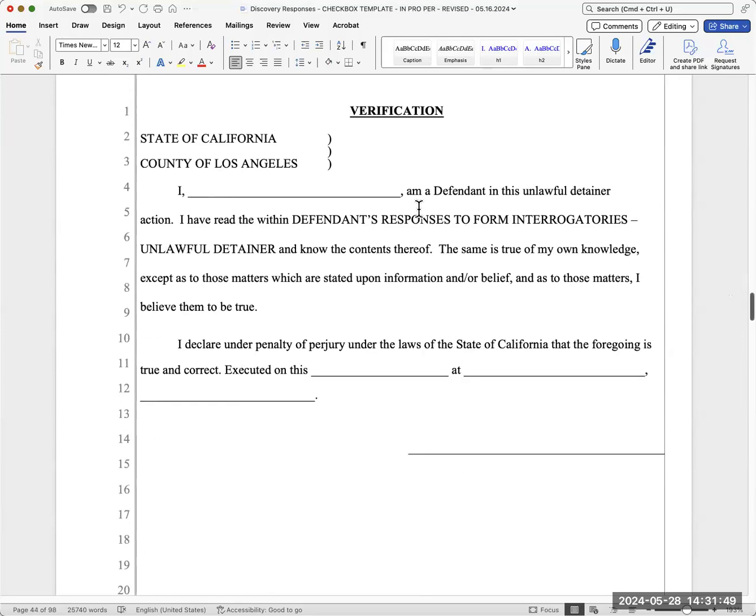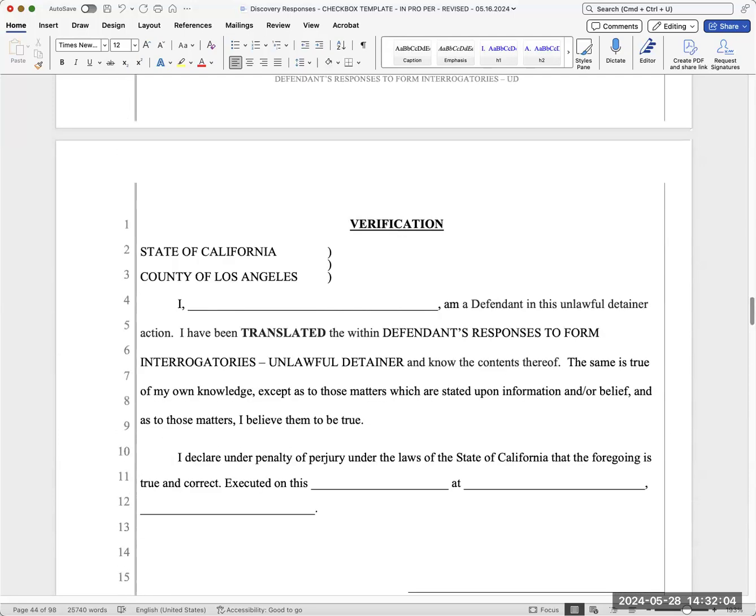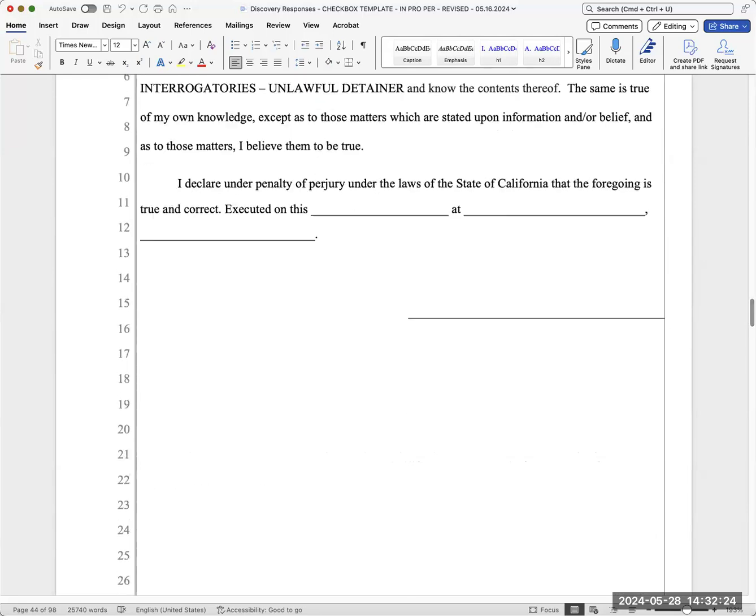Next is the verification page, where you put in the name of the person who's responding, the date, the location, and then the signature. And you want to make sure that if someone speaks only a language other than English, they use this verification saying that they are verifying that the information requested and the responses were translated to their language.